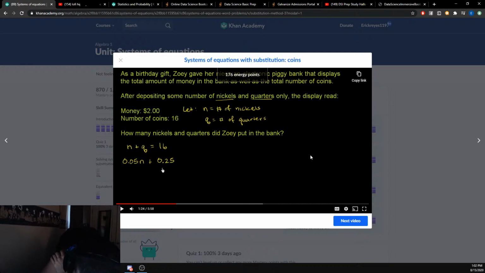So if y equals 6, so x is going to be 10. So there's 10 nickels and 6 quarters.